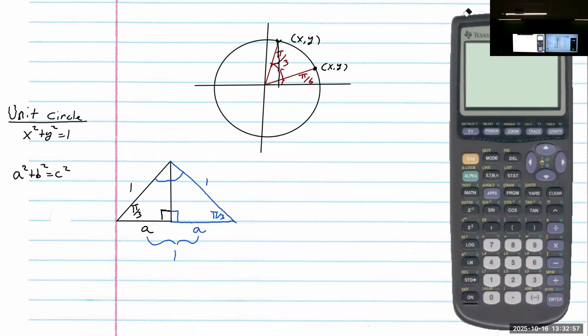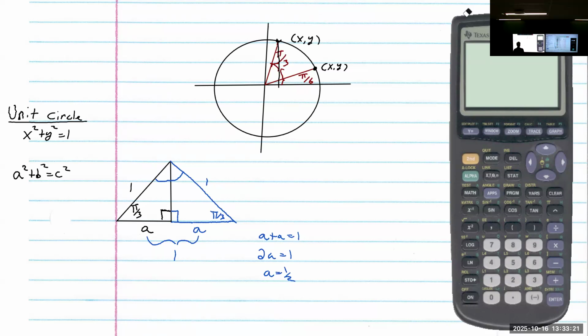I think it's going to have to be an equilateral triangle. It's going to have to be the same. If that's true, then I have A plus A equals 1. 2A equals 1. A equals 1/2. If that's right, then a single A is 1/2.